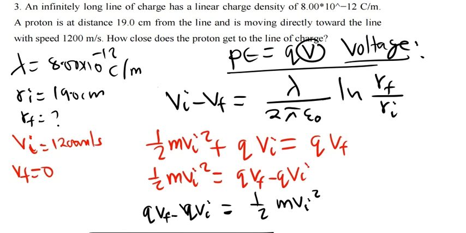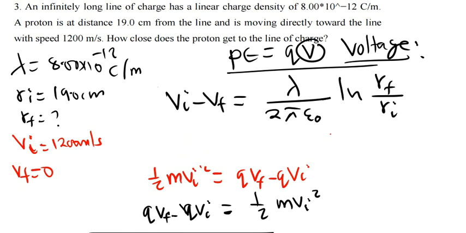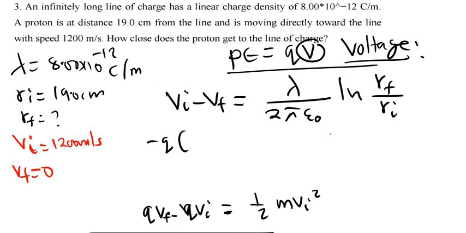Let's make negative q the subject. Negative q will be equal to, meaning here is going to be negative v final, so negative and negative give me the positive. This is going to be plus v final, equal to negative half m v initial squared.